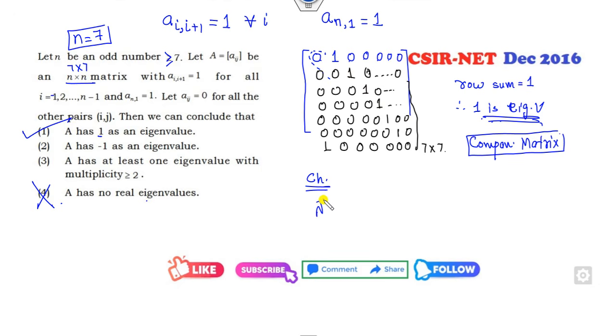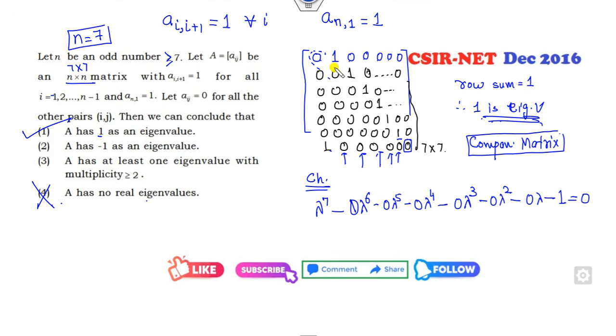This is lambda raised to the power 7 minus, start from here, this 0, then 5, then 4, then 3, then 2, and then finally the constant.